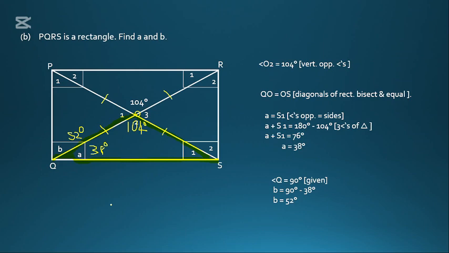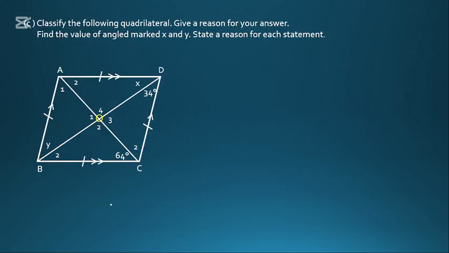Number C. Here they say you must classify the following quadrilateral and give a reason for your answer. So let's see, what do we have? All four sides are equal. This can only be a rhombus or a square.